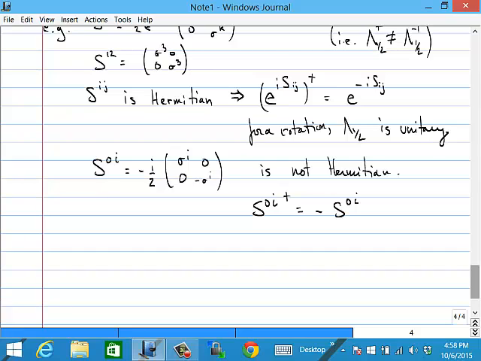So psi dagger psi is not going to be a scalar. However, this problem contains within it the seeds of its solution. In particular, what we can note is that Sij commutes with gamma 0 whereas S0i anti-commutes with gamma 0.